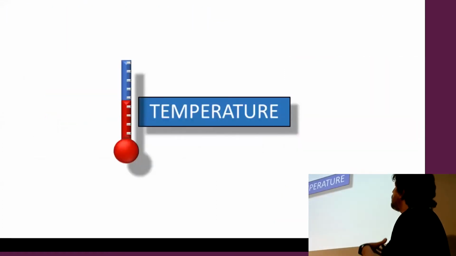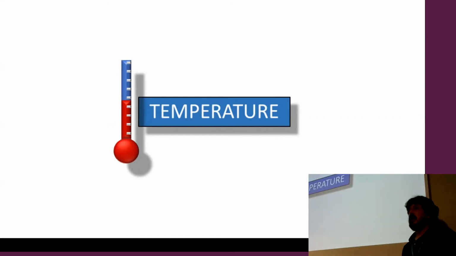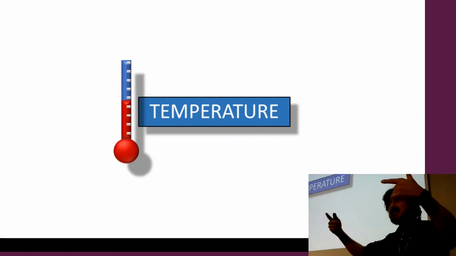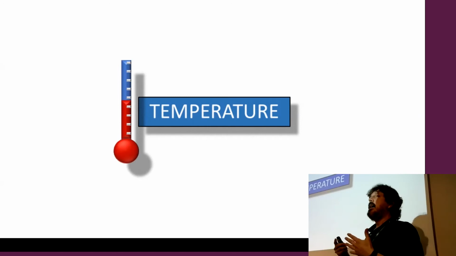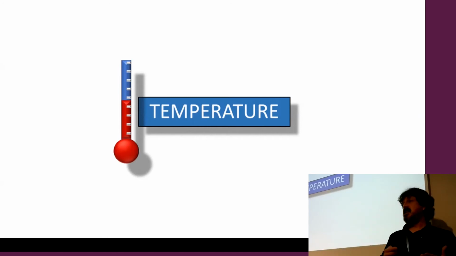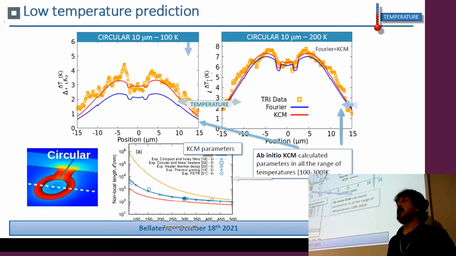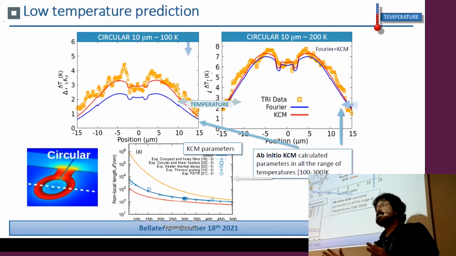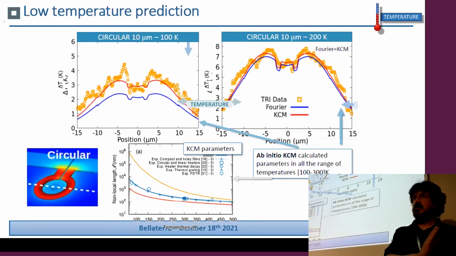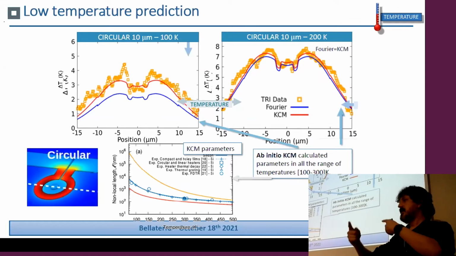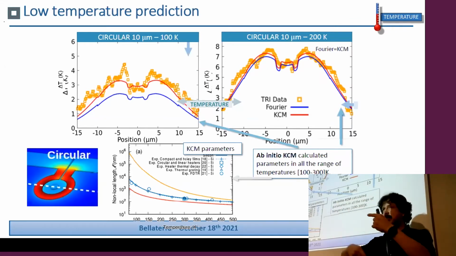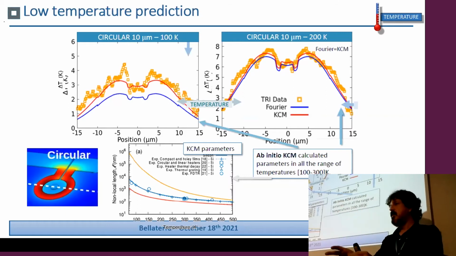Okay, let's move a little bit more. The next test will be to test the temperature change. We have an expression for the thermal conductivity and the non-local length, but these values change with temperature because they depend on the relaxation times of the phonons.